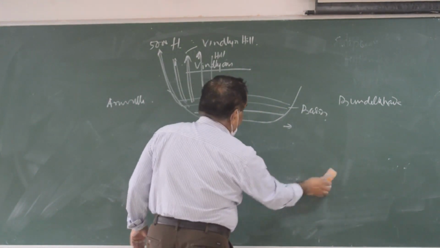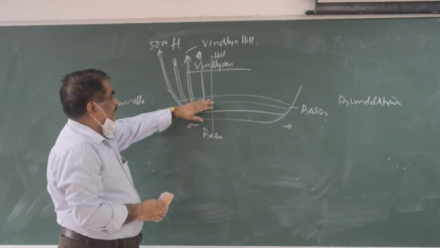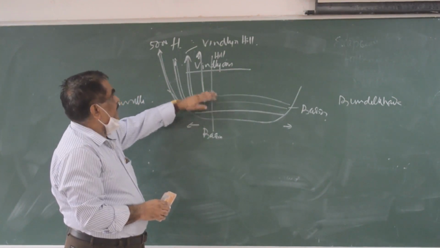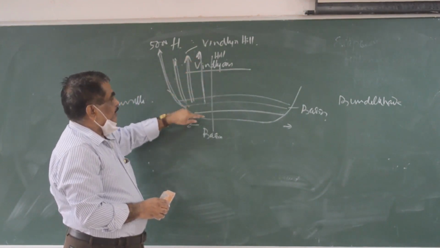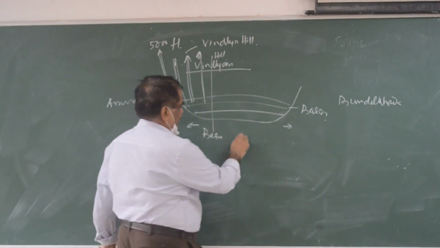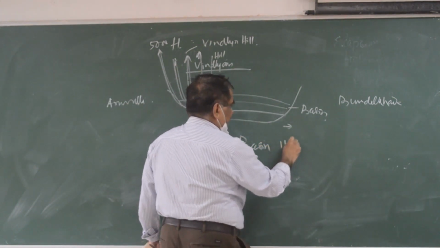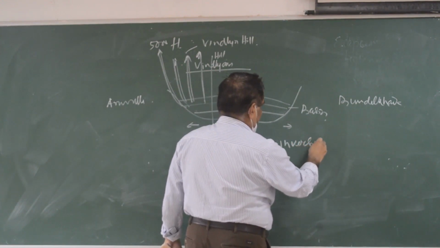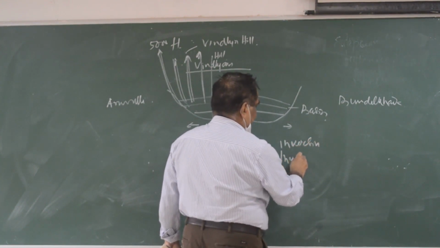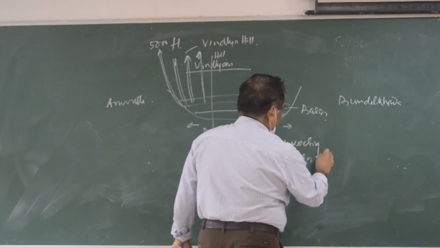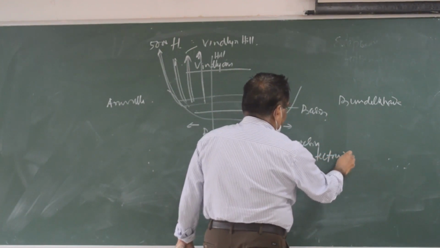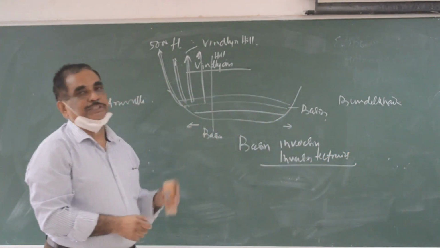So when these types of basins, the rocks are forming inside the basin and now coming up to the hill. So this is known as basin inversion, or inversion tectonics. This we are going to discuss.